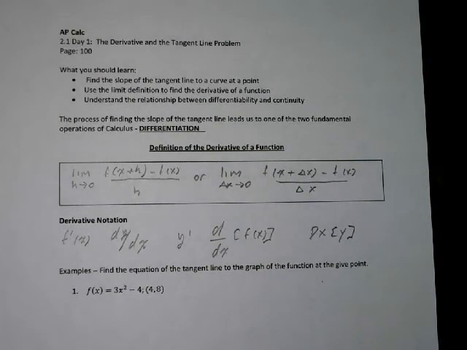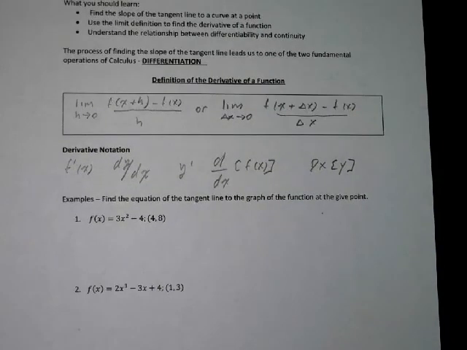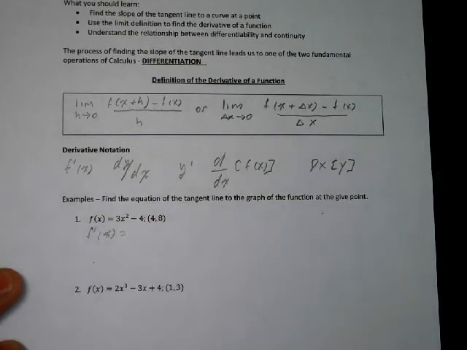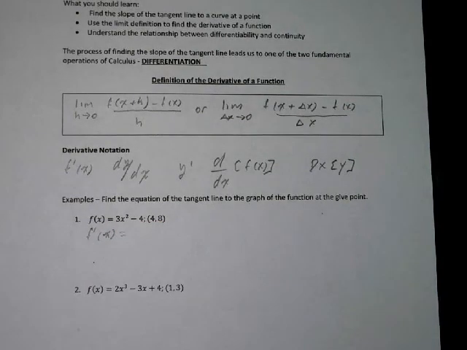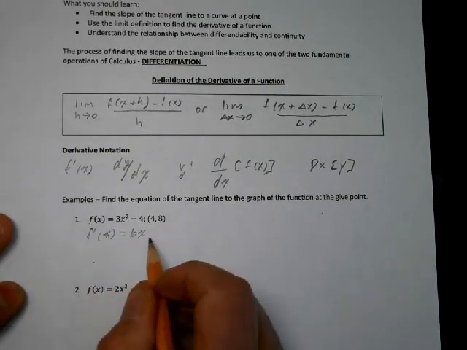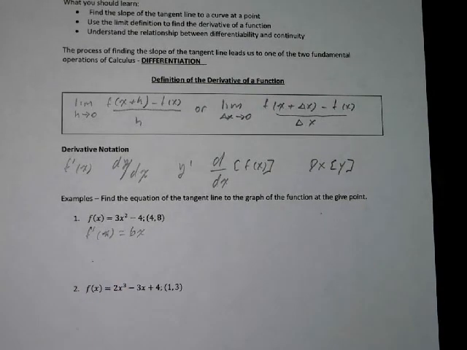Find the equation of the tangent line to the graph of the function at the given point. So the first thing I need to do is find the derivative of my function. So f prime of x is going to equal: I take that 2 and bring it down and multiply it by the 3, and I decrease the exponent by 1, so I'm going to end up with 6x.